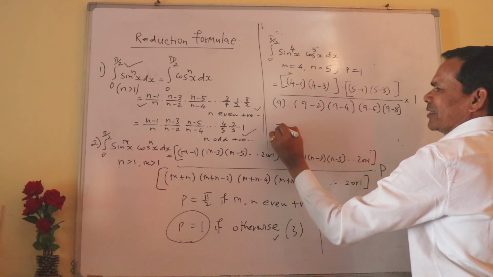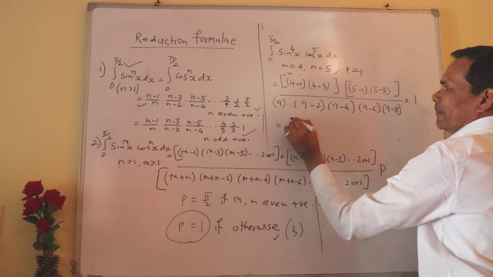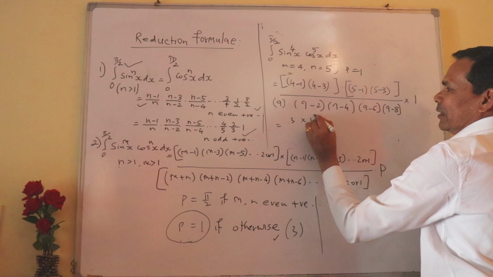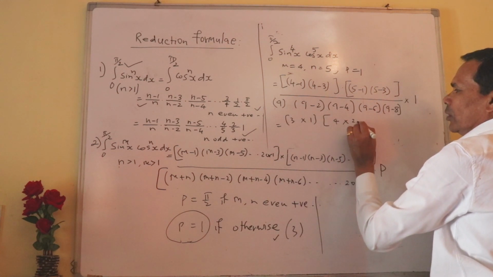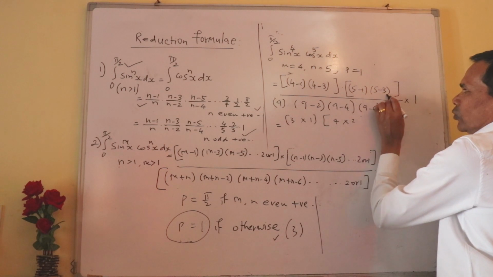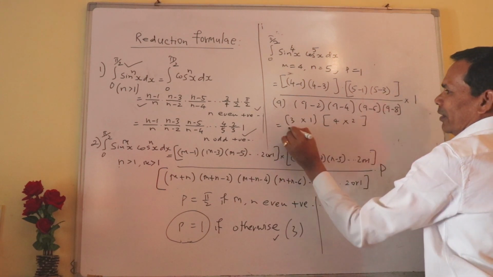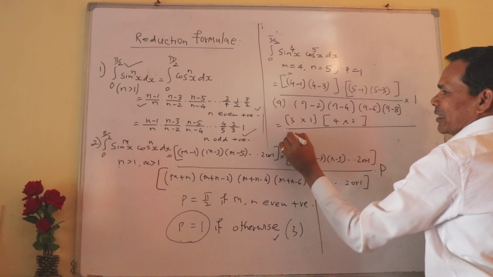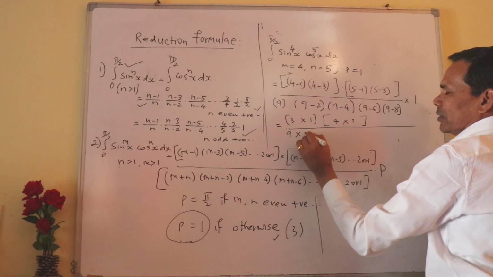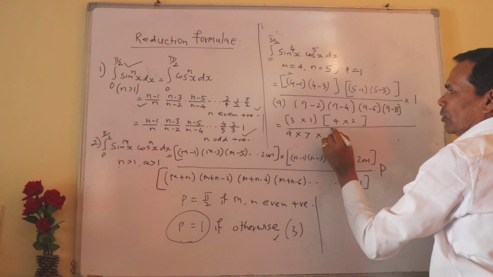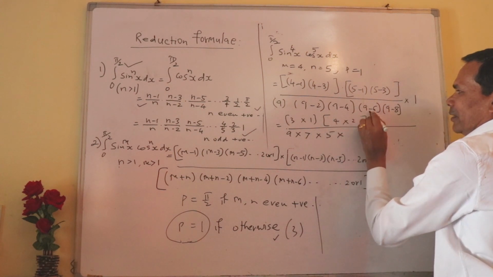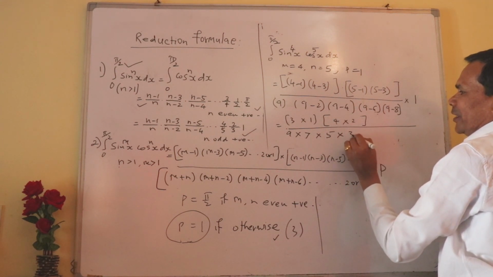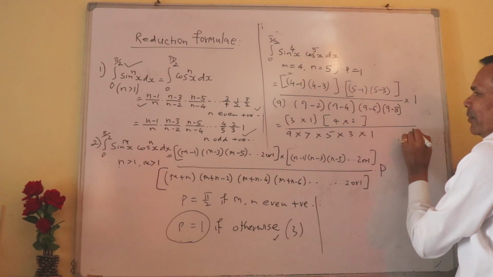Now we simplify this and get the value. It is 3 into 1 in the first bracket, in the second bracket it is 4 into 2, and the next bracket it is 9 into 7 into 5, multiplied by 1.